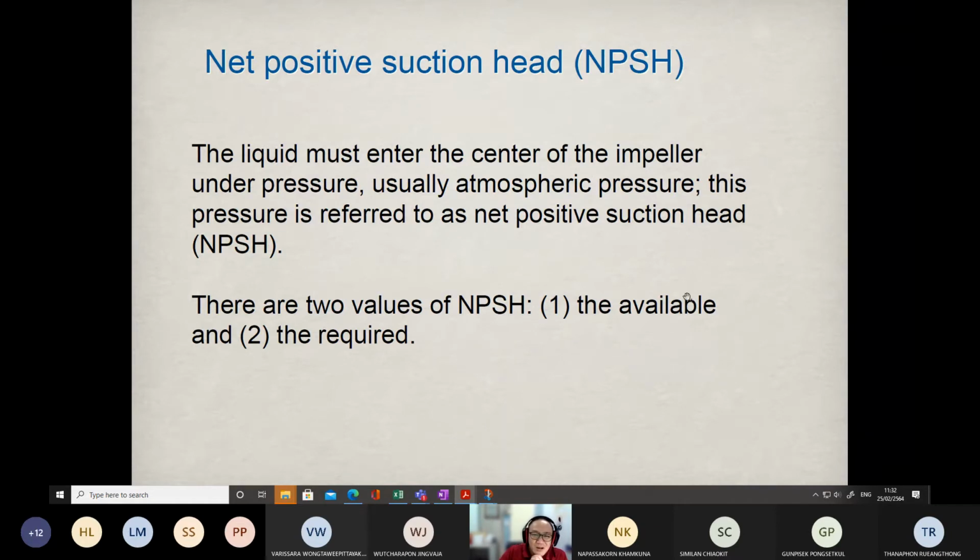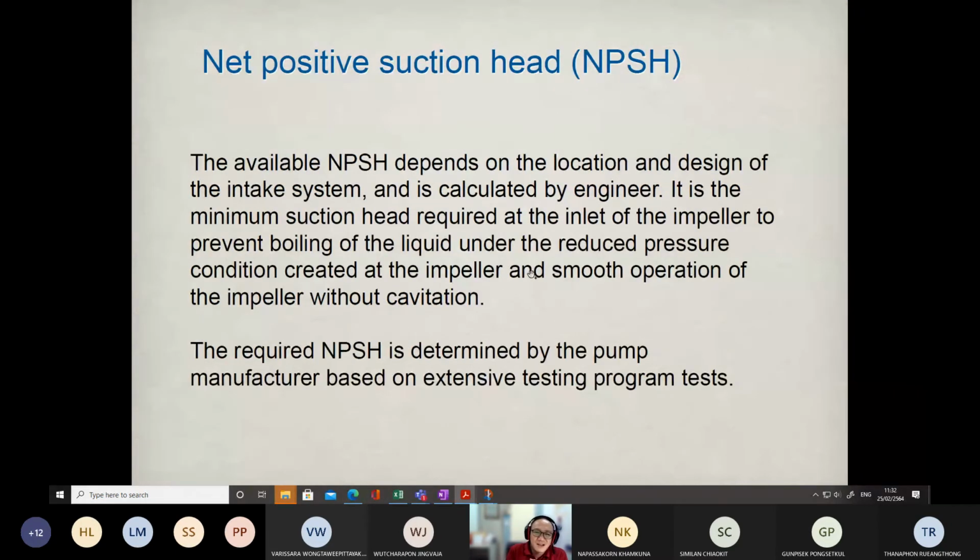So how does it matter if the NPSH available is not high enough, not comparable with the NPSH required? What will happen? As I mentioned, the available NPSH normally depends on how we install the pumps, the location, the size of the intake system.